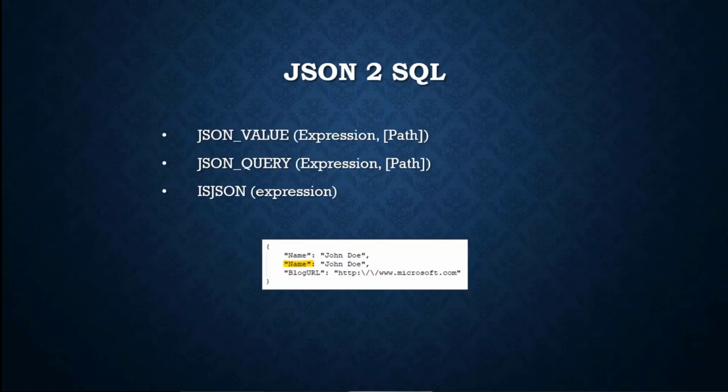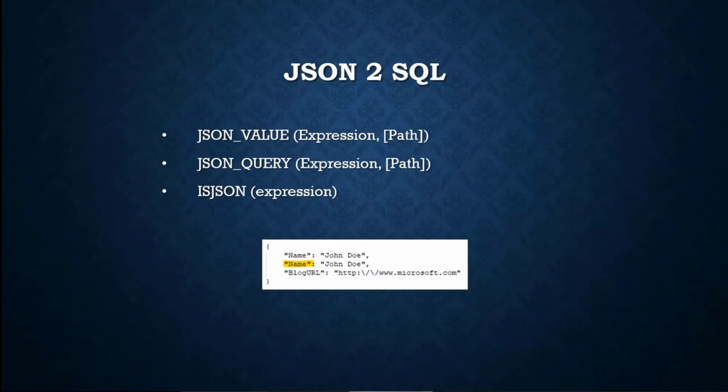You have additional three functions. The first one is JSON_VALUE, and the purpose of this is to extract values from JSON text. JSON_VALUE is used to extract primitive data types. So only null, strings, numbers or booleans can be extracted by JSON_VALUE.